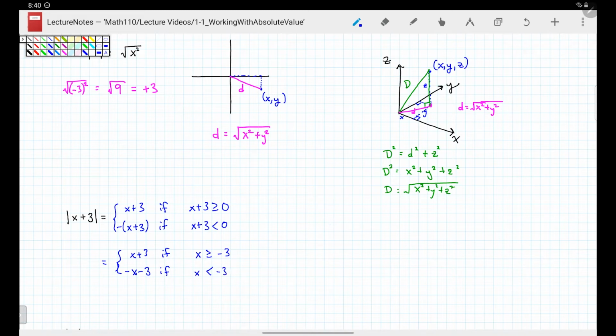Now if I wanted to graph this, here is x equals negative 3. If x is greater than or equal to negative 3, so on the right side of negative 3, this is the line x plus 3. So that's a slope of 1 and y-intercept of 1. So that looks like this. Sorry, slope 1 and y-intercept of 3.